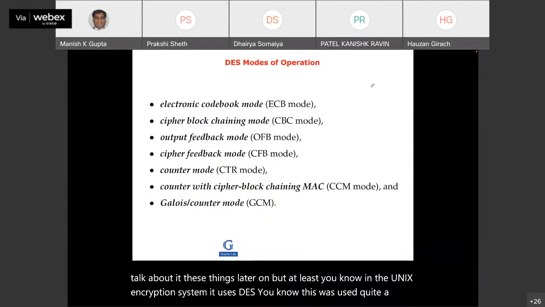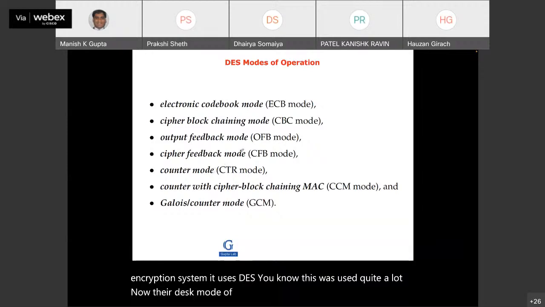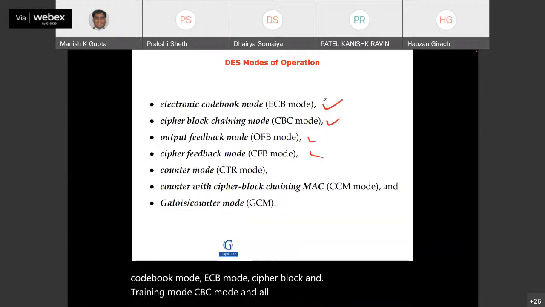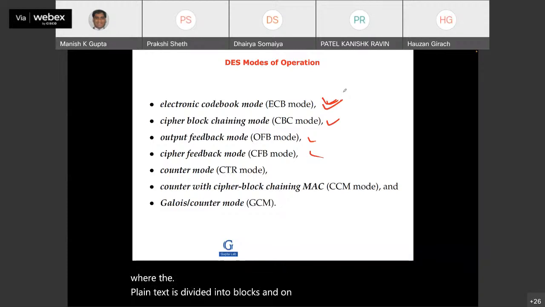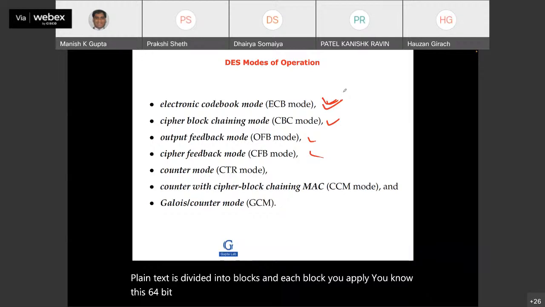Now there are DES modes of operation: electronic codebook mode (ECB), cipher block chaining mode (CBC), and others. In ECB, the plaintext is divided into blocks, and on each block you apply the 64-bit DES.